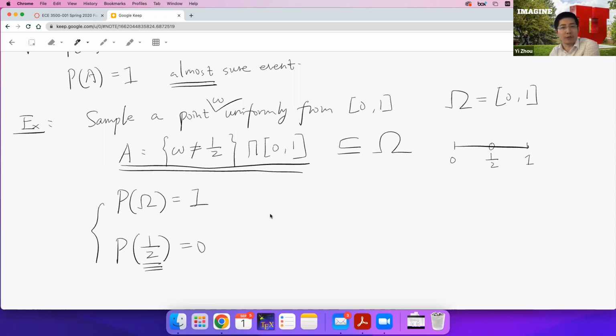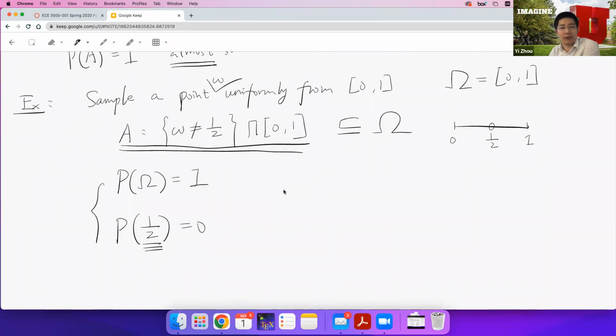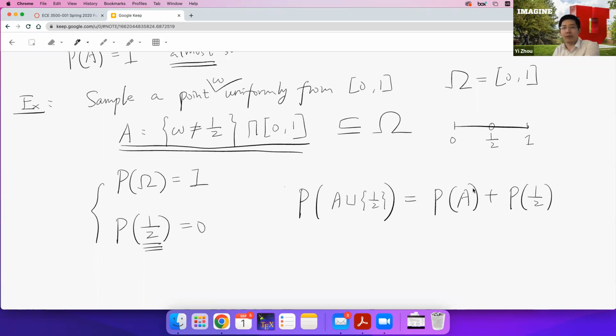Therefore, by the mutually exclusive property of the probability law, we can conclude the following. If you union these two events, they simply become the entire interval. So P of A union this event, since the two are mutually exclusive, equals the sum of the probabilities of these two individual events.